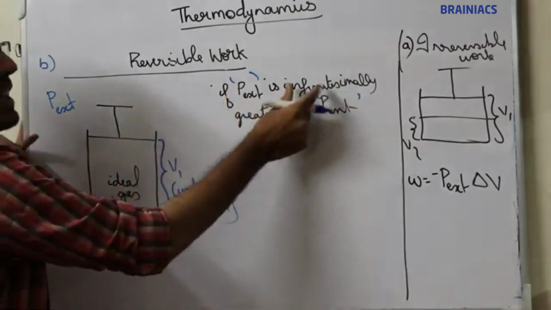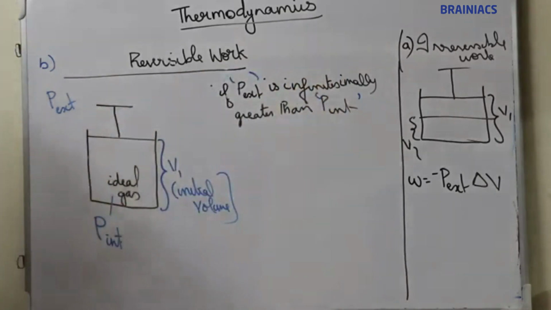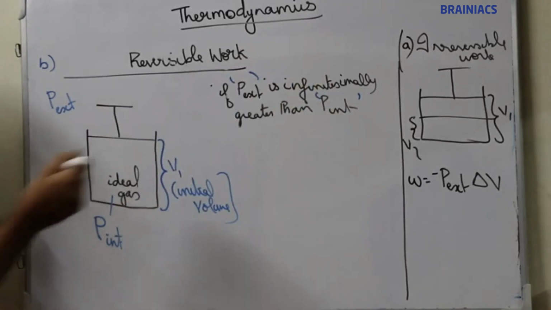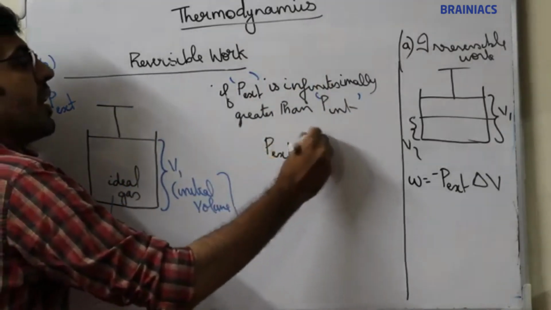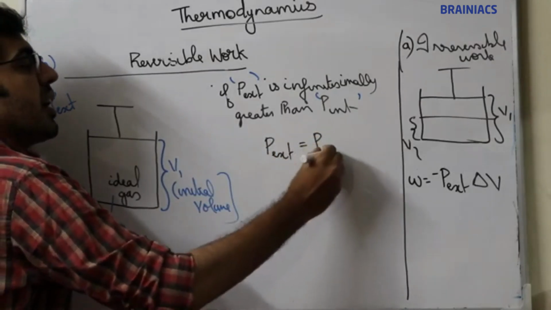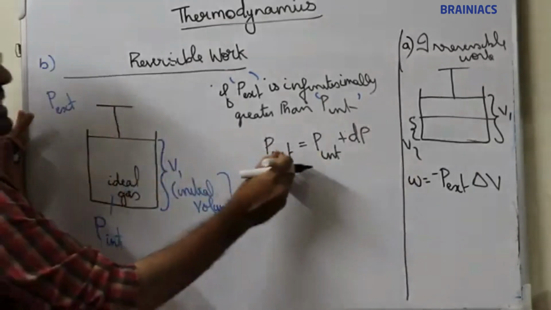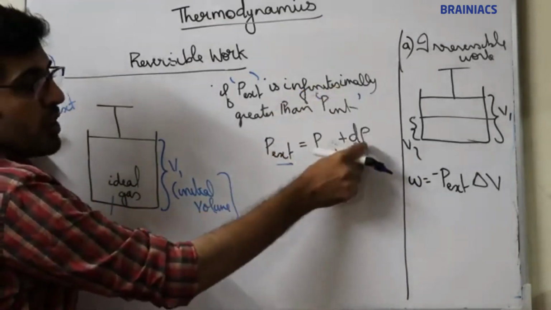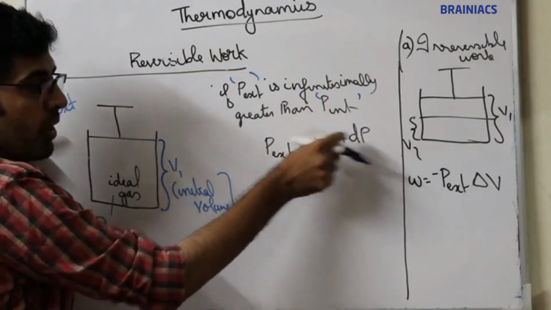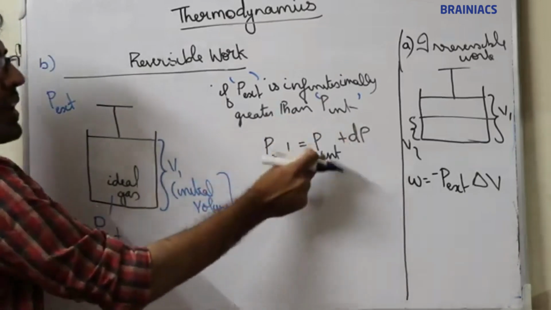So if external pressure is a very small amount greater than internal pressure, you can write external pressure is equal to internal pressure plus dP. This indicates that dP is an infinitesimally small pressure.